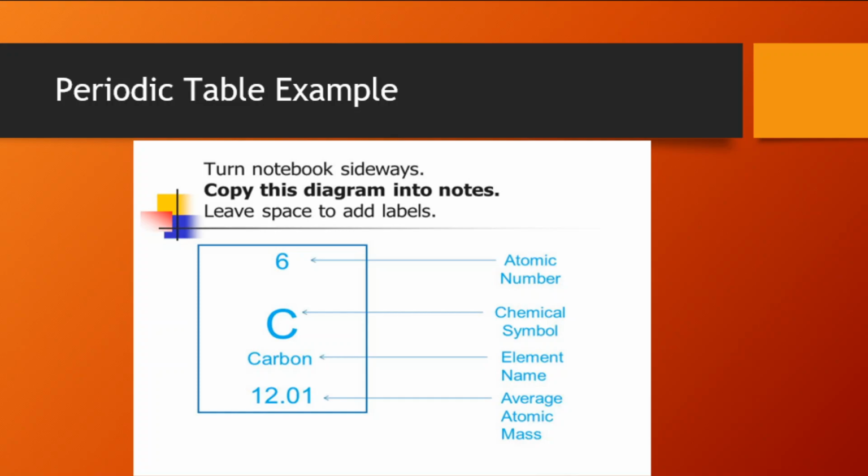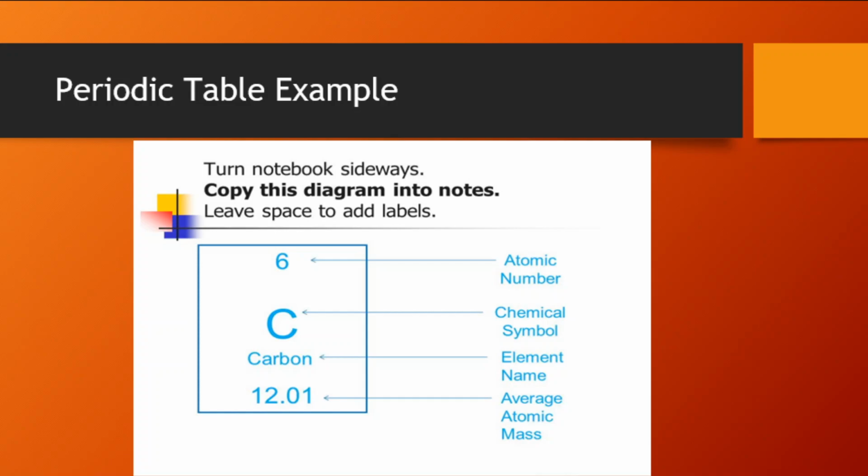The atomic number is listed at the top; for carbon, that atomic number is 6. The chemical symbol is directly below that; for carbon, it's just a capital C, and the spelling is important for element symbols. Always, there will be one letter that's capitalized, and the second letter is always lowercase.